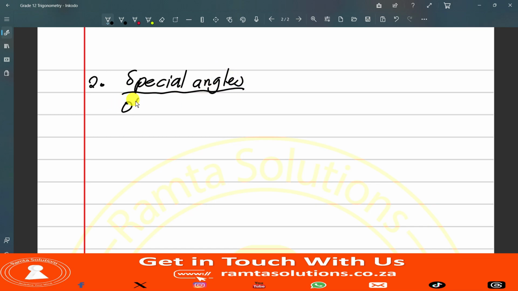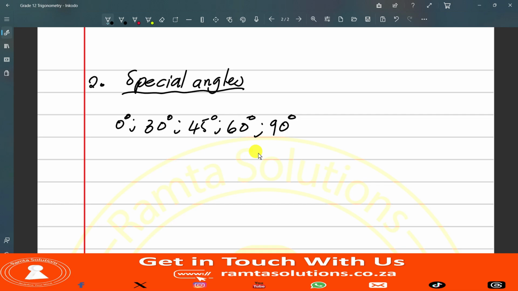Special angles are 0 degrees, 30 degrees, 45 degrees, 60 degrees, 90 degrees, and I must say, their multiples.